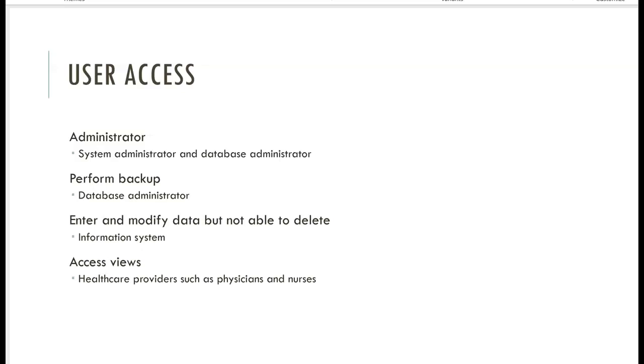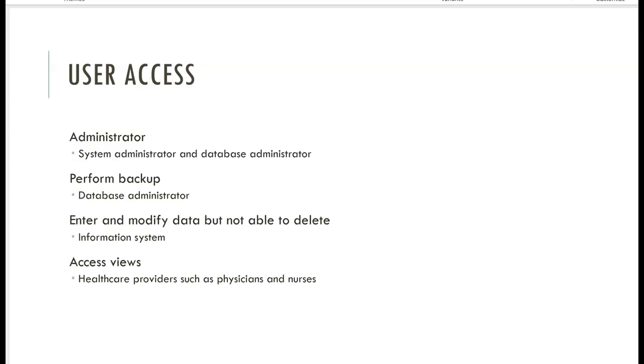Next, the user access who will be able to enter and modify data but not delete it. This is the information system department. This person has a service function providing users data management support along with production support to provide user solutions for the information they need to integrate within the application.